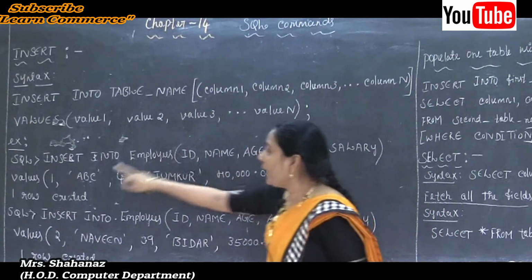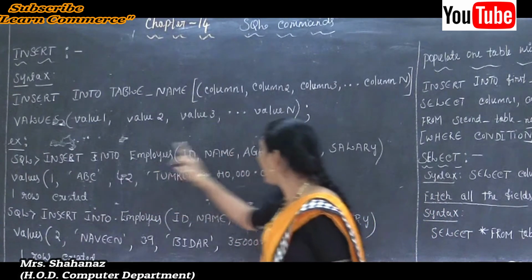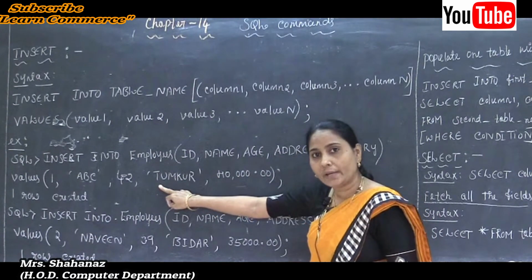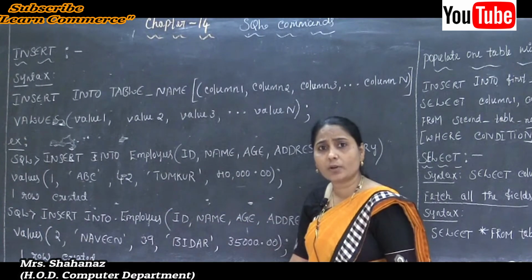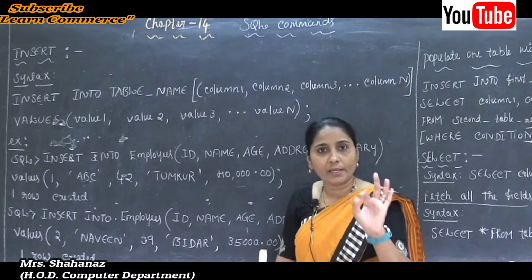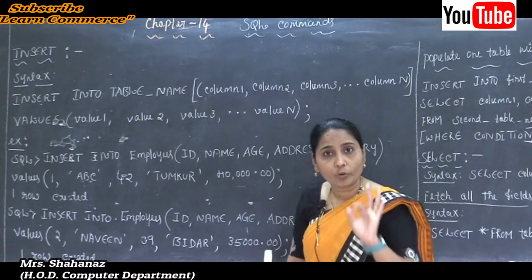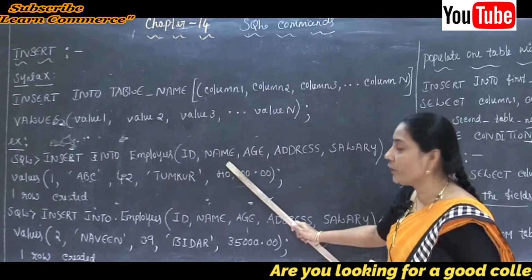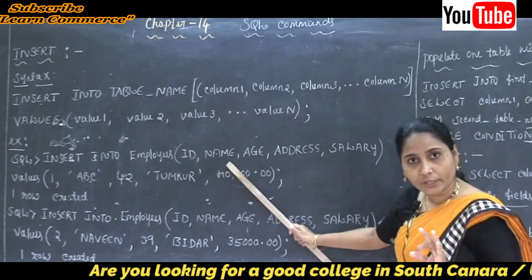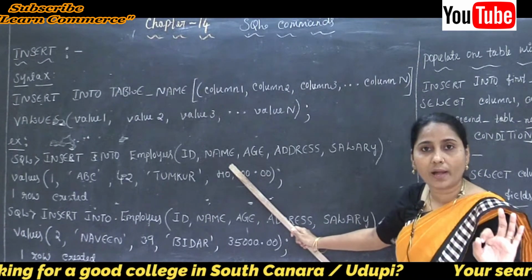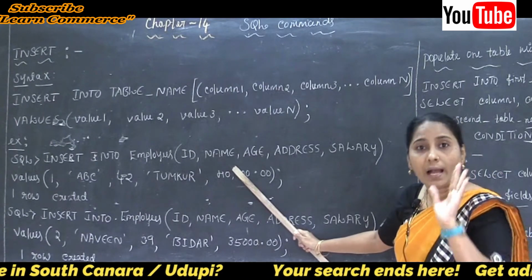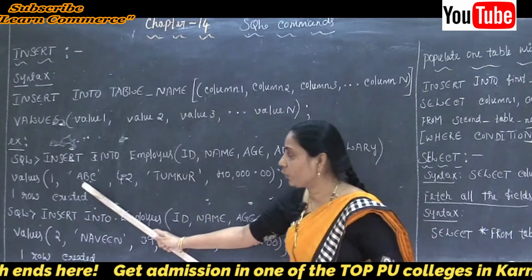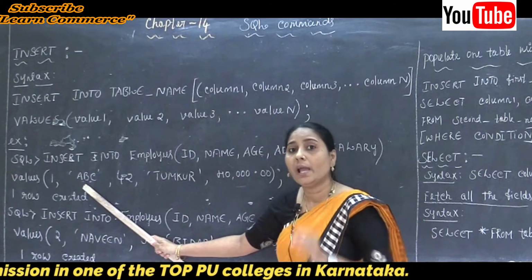So here name I used with single quotes, and the address should also be enclosed within single quotes. And any numeric value should not, that means we are not going to use any single quote here. So this is about some important notes. Clear this point? So, important note: make sure that the order of the values is in the same order as the columns in the table. How we use the columns, like that we need to enter the values for the columns.